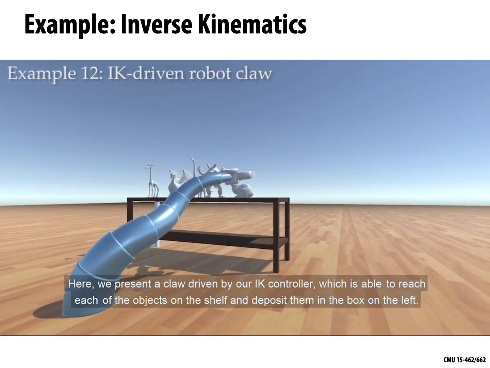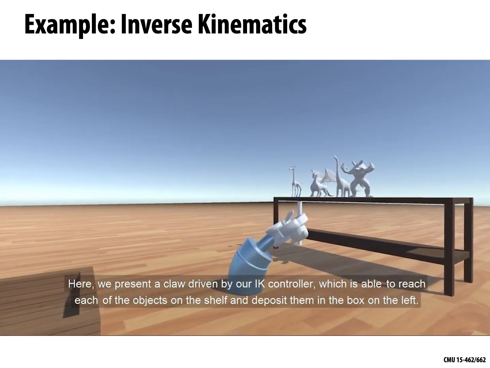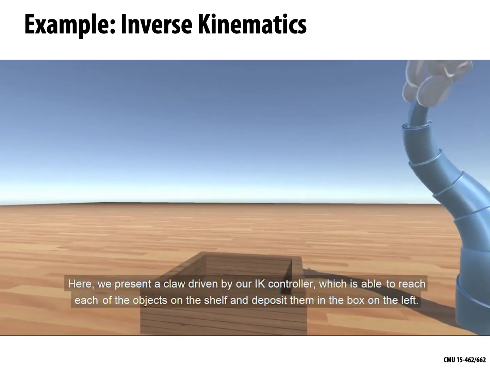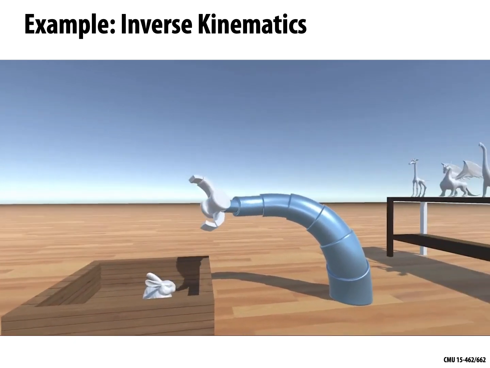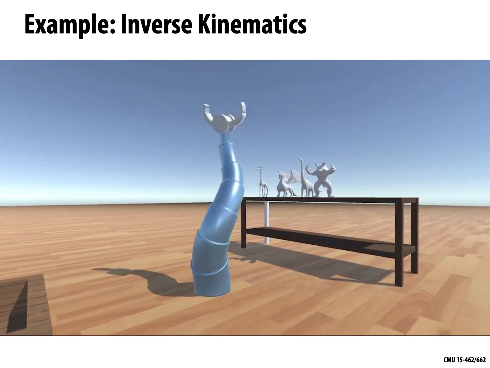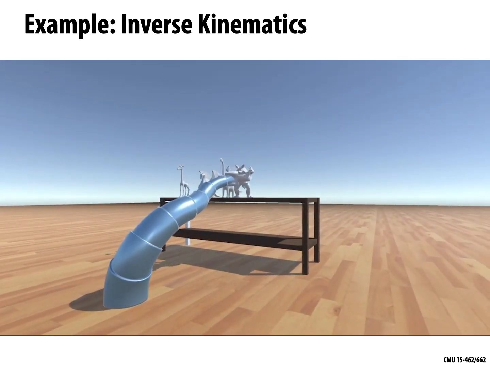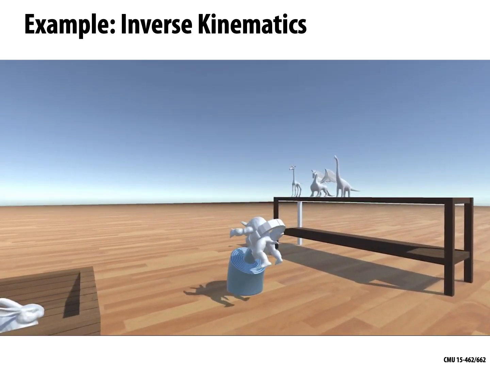We talked a couple lectures ago about spline animation and keyframe animation, where the idea was you have a rig, a character that has lots of degrees of freedom. To animate it, you can go to each moment of time, set exactly what these degrees of freedom look like, and use splines to interpolate between them. Well, that's a lot of work because you have to set up all these joint angles and variables.